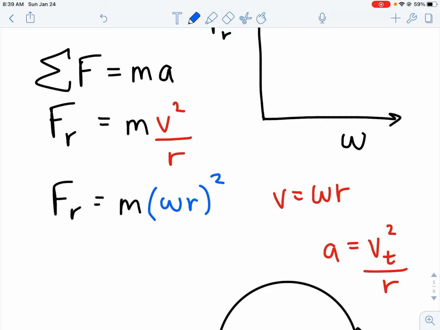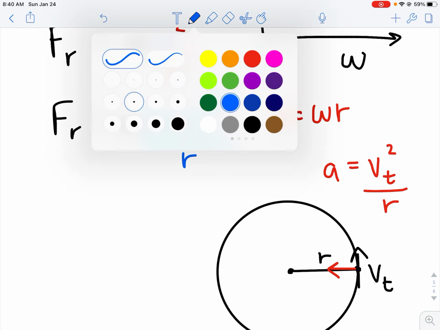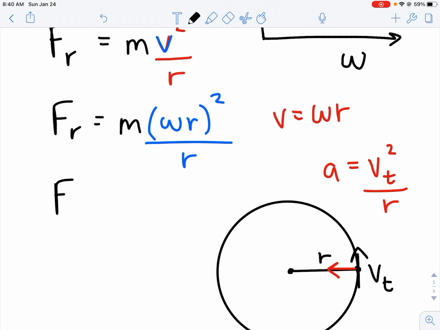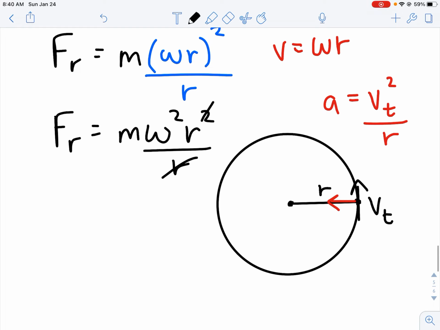So I just replaced v with omega r. Now we do a little math. So we say the radial force is equal to mass times omega squared r squared divided by r. All right, one of those r's is going to cancel out, and you're left with m omega squared times r.